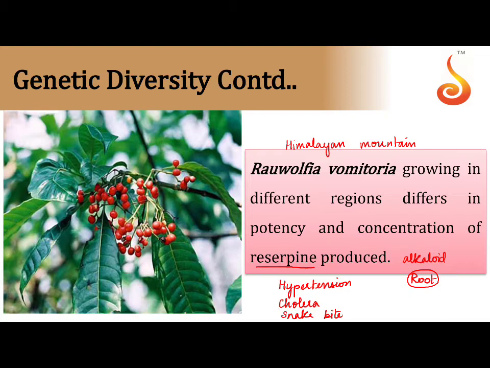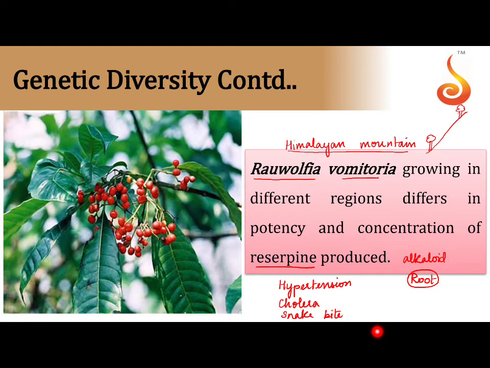Now, why are we speaking of reserpine extracted from Rauvolfia vomitoria? If you see in the Himalayan mountains, there is a tree here also and there is a tree here also.